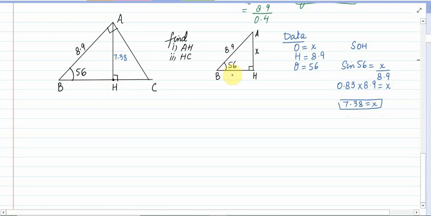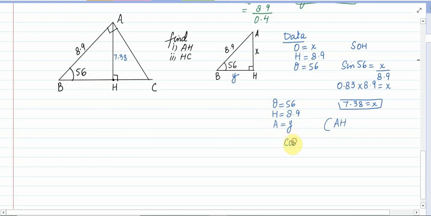Secondly, we need to find the value of BH, so I label it Y. Again data time, angle is 56, hypotenuse is 8.9 and adjacent is Y. Now adjacent and hypotenuse comes in the working formula cos, right?